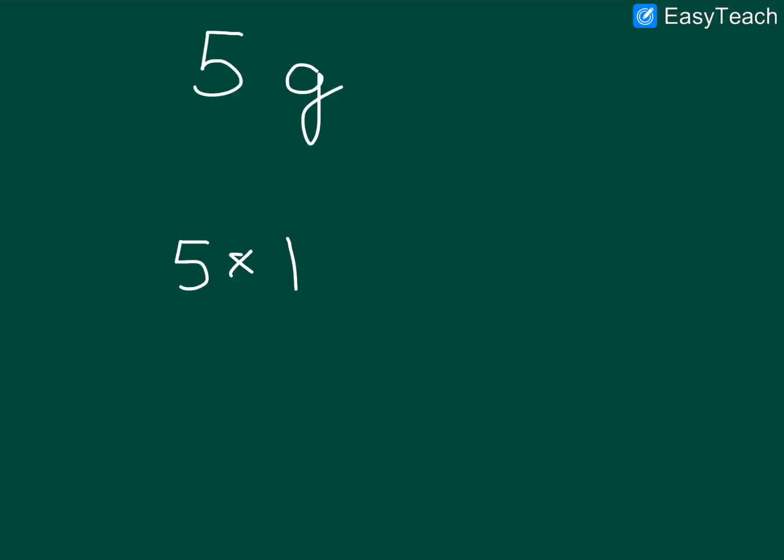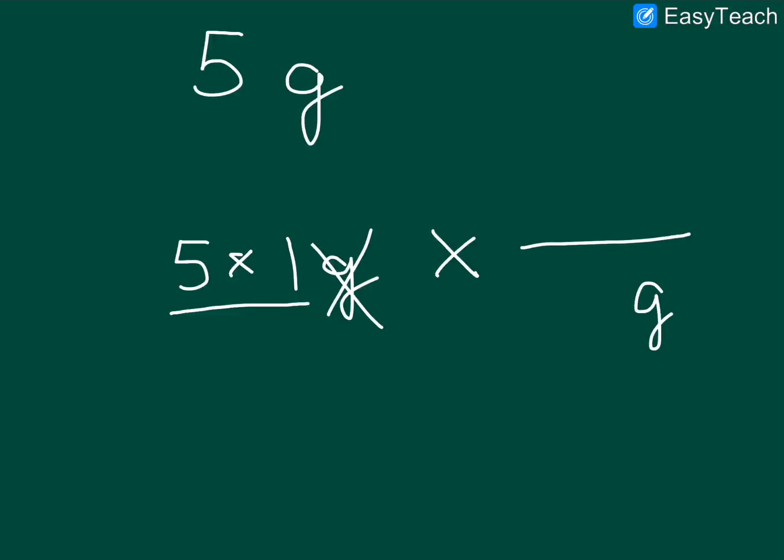If we think about it in terms of 5 times 1, you would want to eliminate that grams. You would want to multiply all of this by something that takes away this g. If you know what reciprocals are in math, you can multiply by something with grams on the bottom, and that means it'll cancel out.